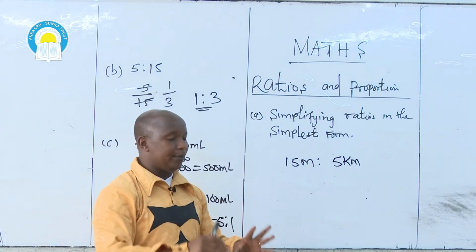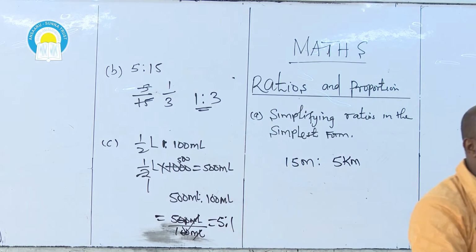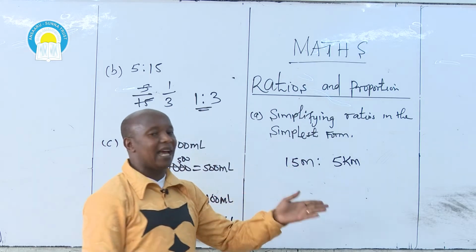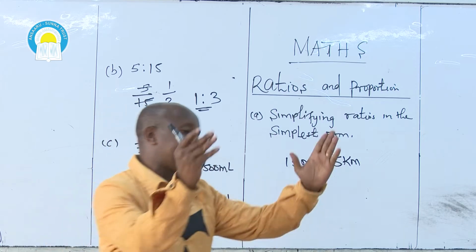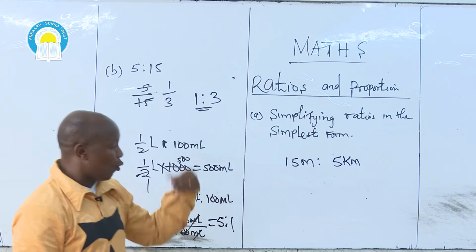I've said before, you simplify everything when it is in the same units. In my case here now, I have meters and I have kilometers. You cannot simplify when we have meters and kilometers at the same time. You must change the bigger unit to a smaller unit.